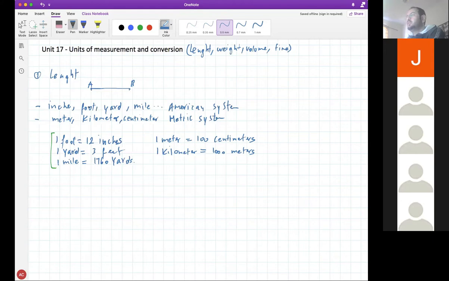So these are the main ones for measuring length in two systems. But again, there are many others. They're based, especially on the meter. There are many other units based on this. But again, these are the main ones. And we're going to compare those to these.